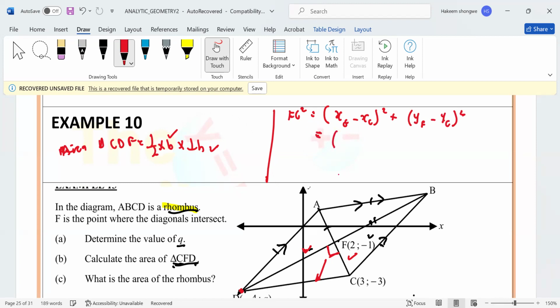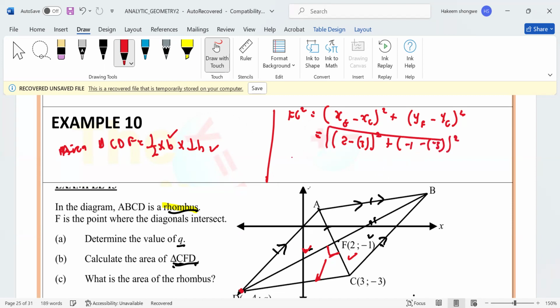X at F is 2 minus open bracket, 3 close bracket, all squared plus Y at F, which is -1 minus open bracket, minus 3 close bracket, all squared. And then you can say square root.